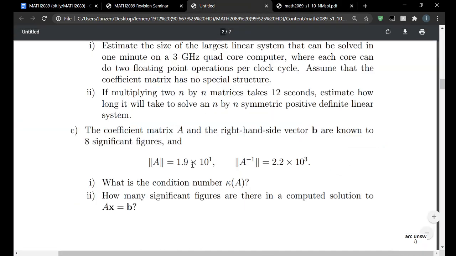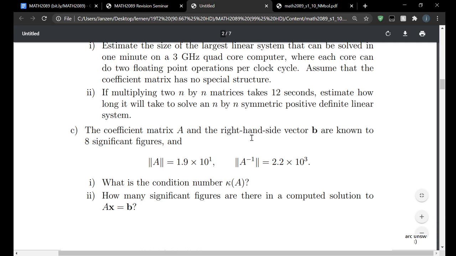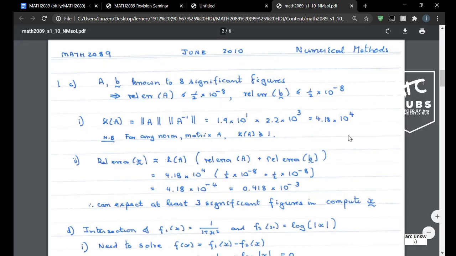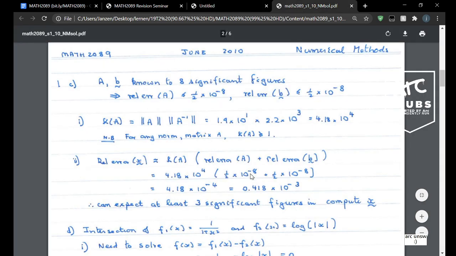The relative error, because they give us that those two, the matrix and the vector, are known to 8 significant figures, we can say that the relative error for both A and B is going to be less than or equal to 0.5 times 10 to the power minus 8.